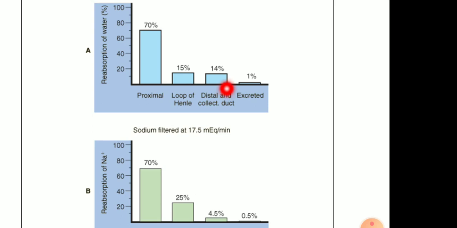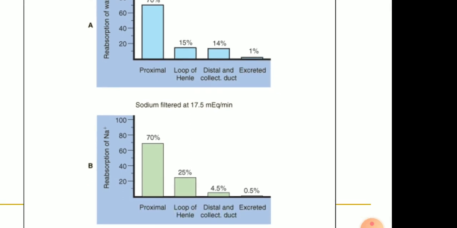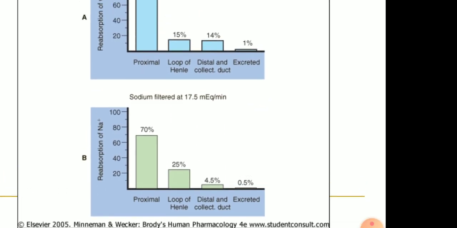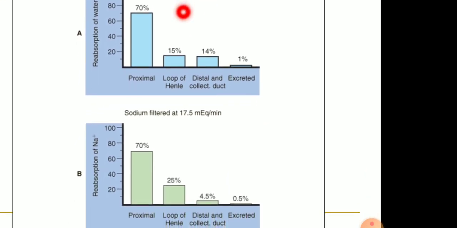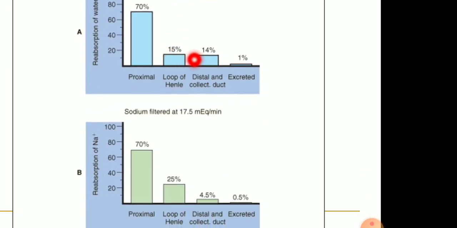Then in the distal tubule, it is again around 10 to 14%, and the excretion is only around 1%. Whereas if you look here, the blue one is related to water, and this green one is related to the filtration of sodium. So these two show, in different tubules and in different positions, how much of the sodium is being reabsorbed.